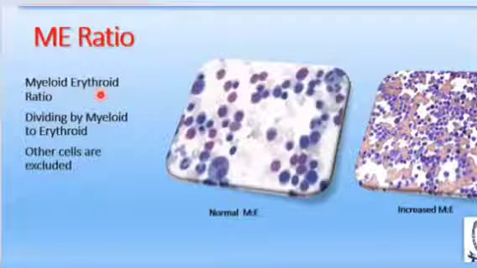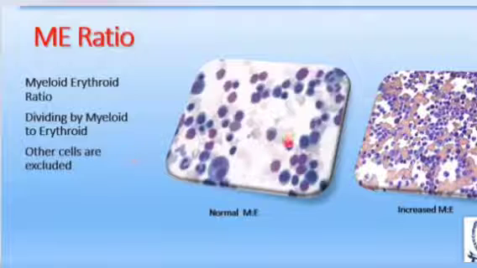It is the myeloid to erythroid ratio, or simply the calculation of the myeloid erythroid ratio. How do we calculate this? This is done by dividing the total number of myeloid cells by the total number of erythroid cells. Note that lymphocytes, plasma cells, and other non-myeloid and non-erythroid cells are not counted in this ME ratio. They are excluded.